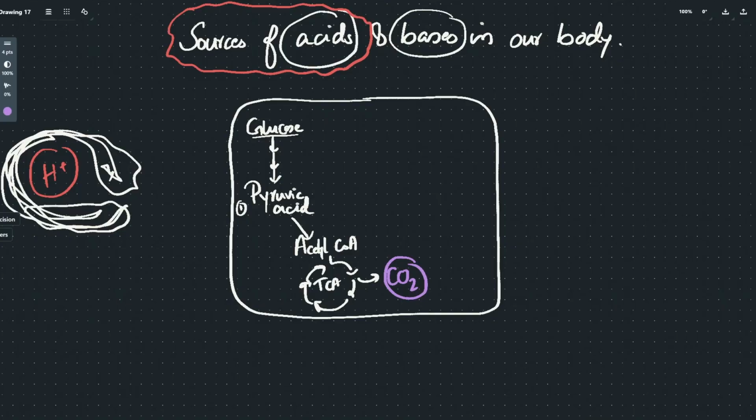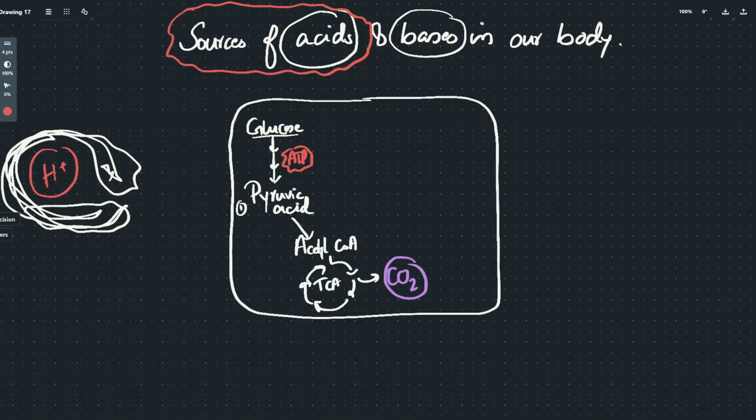This is what happens normally, but sometimes if oxygen supply is less, or if the demand is very high, let's suppose you are exercising and there is very high demand for energy, we need a lot of energy. Of course energy will also be produced in the form of ATP, NADH and FADH2, but along with that, of course, pyruvic acid is being produced.